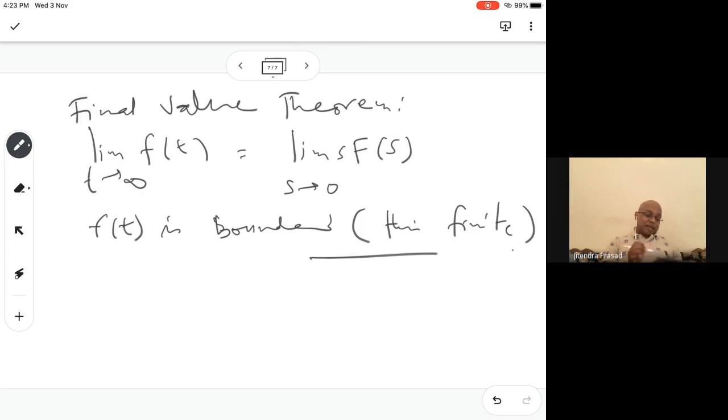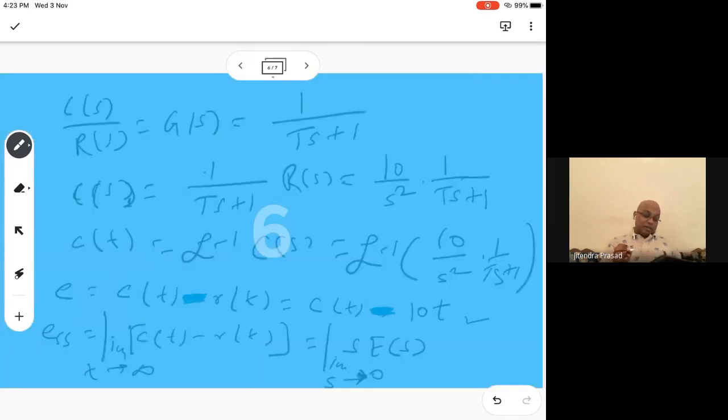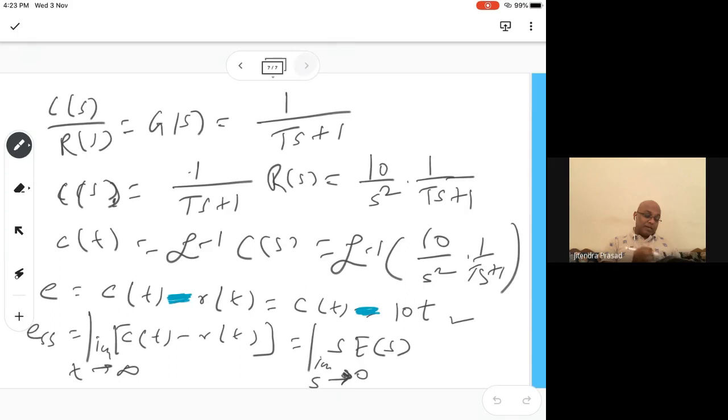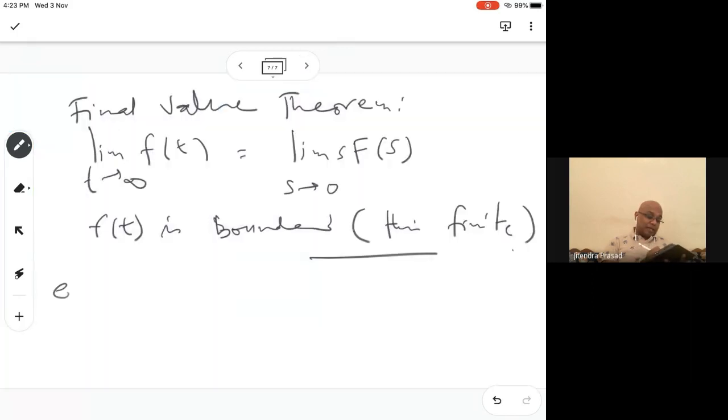So we can straightaway apply this, and in this case we get the steady state error e_ss equal to the limit as s tends to 0 of s multiplied by C(s) minus R(s).